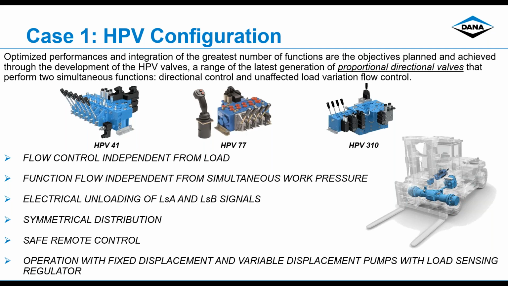As you can see, the hydraulic proportional directional valve series is divided in three sizes: the 41, the 77, and 310. Each of them has the main aim to obtain optimized performances and the integration of the greatest number of functions, some of which are listed in this slide.